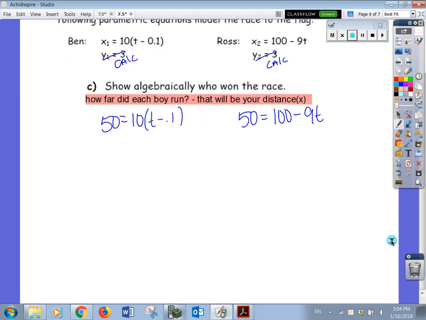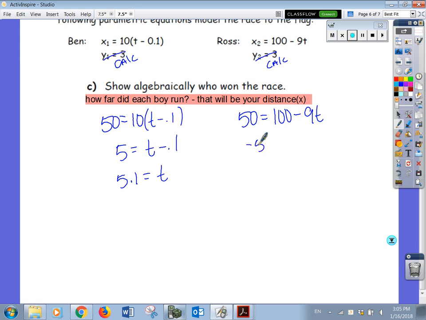Then show algebraically, this is just your work, so you just solve for t. Whoever has the faster time, in this case the lower one, is going to be the winner. So for Ben we divide by 10, we get 5 equals t minus 0.1, so 5.1 equals t. So it took 5.1 seconds to get to the flag.